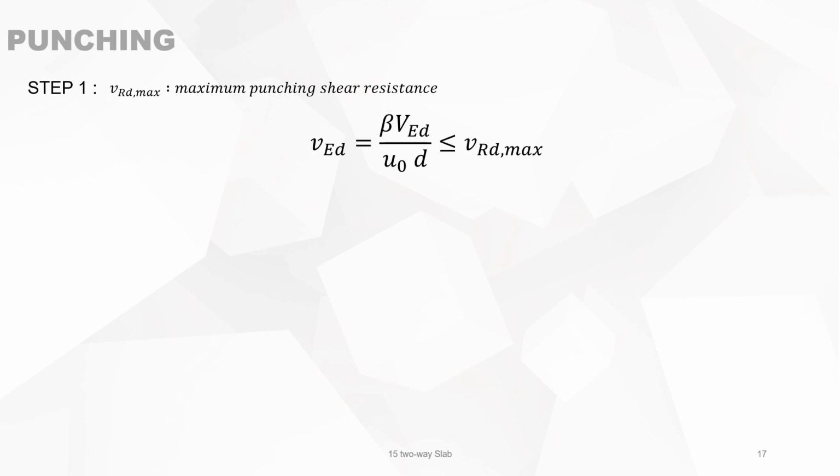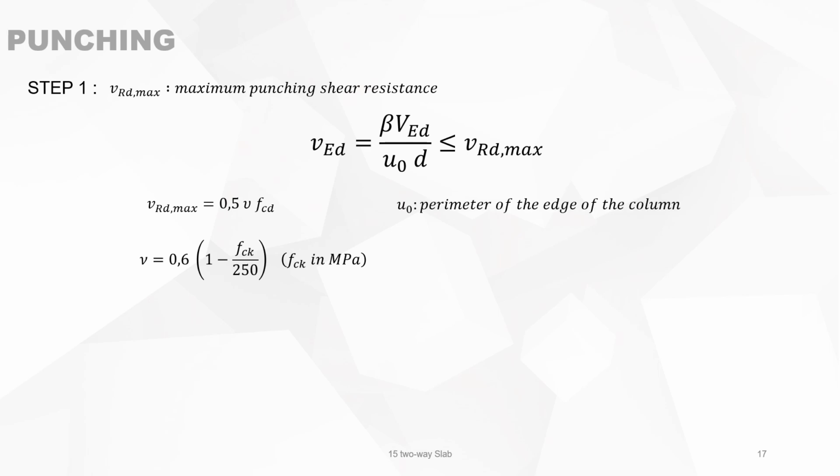And this must be smaller than the maximum allowable punching shear resistance. The VRD max is equal to half of nu times FCD, and nu is the coefficient given by this formula, and mu0 is the perimeter of the edge of the column.